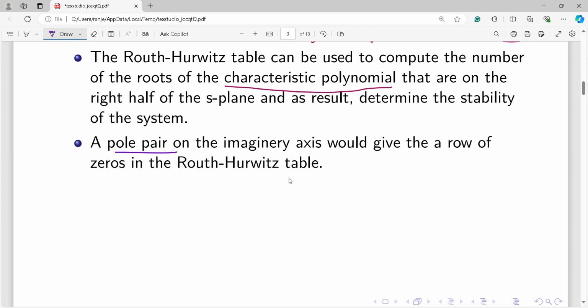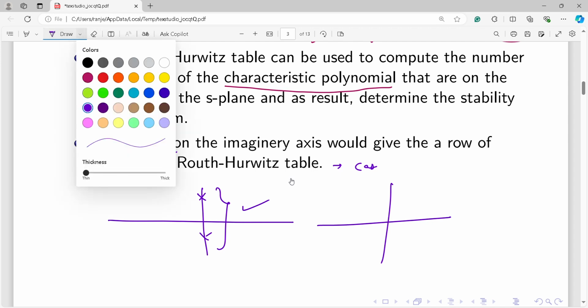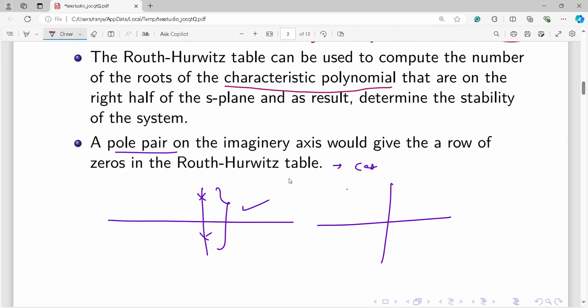So once an imaginary axis pole exists, a row of zeros will form in the Routh-Hurwitz table. There are three cases for the occurrence of a row of zeros. One case is a pole pair on the j omega axis, which we will see today. The second case is symmetry of roots with respect to the origin.